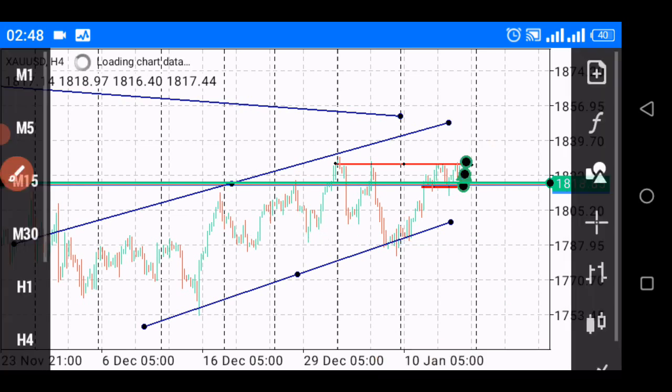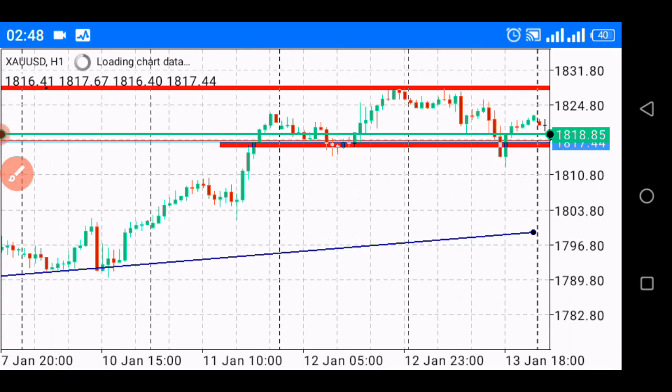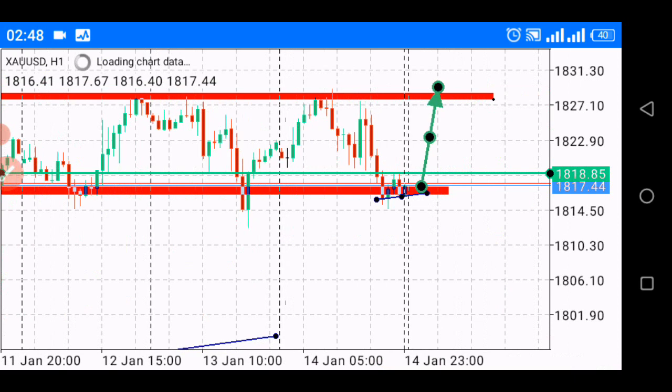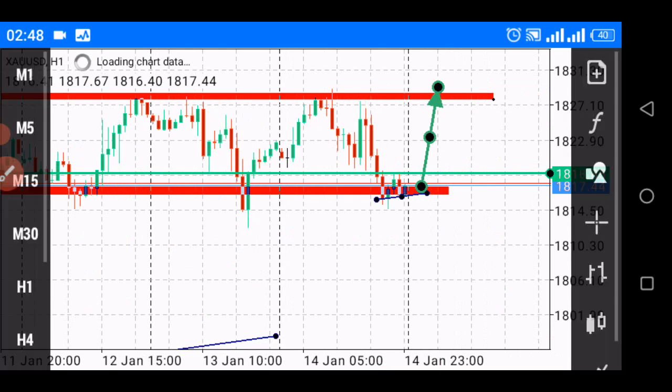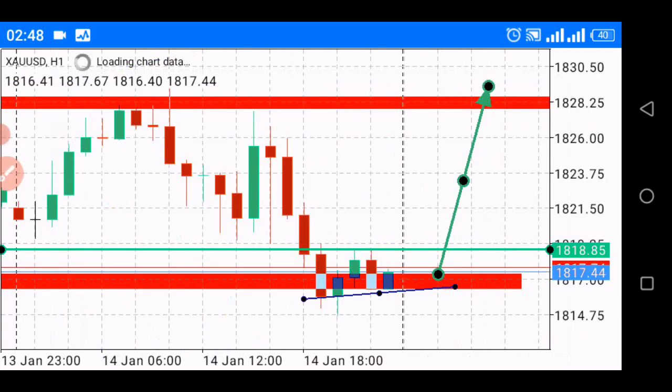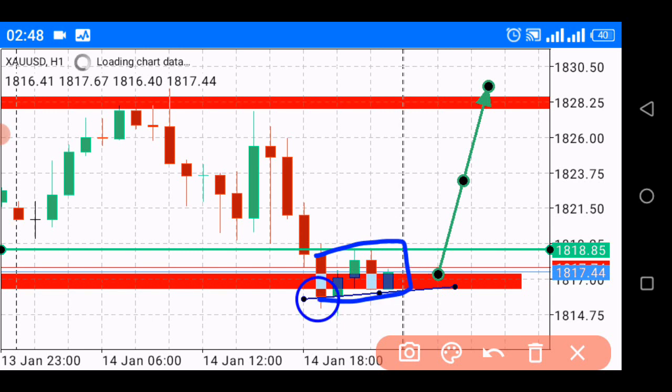But if the market comes like this, forms this thing and breaks it like this with a momentum candle, we are going to enter here at the closing, in the middle of the second candle after that momentum candle.